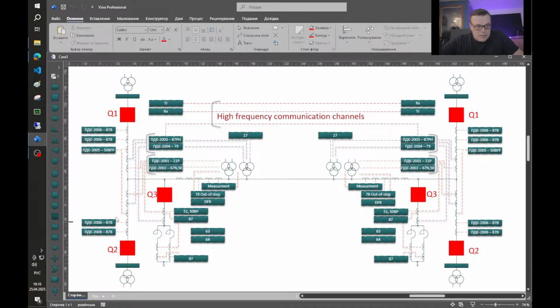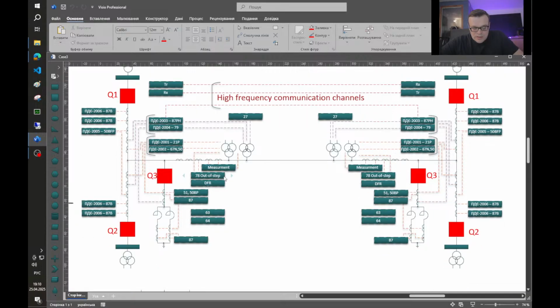Usually it can be 2 breakers per line, or maybe a breaker and a half scheme. These current transformers are built into the bushing of the shunt reactor, and in this particular case we have only a shunt reactor and not a neutral reactor.